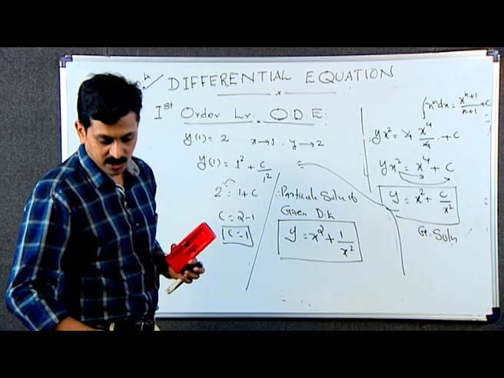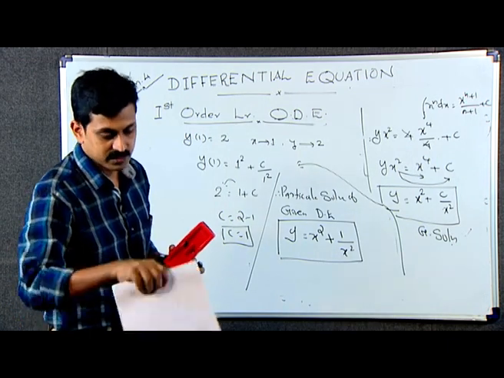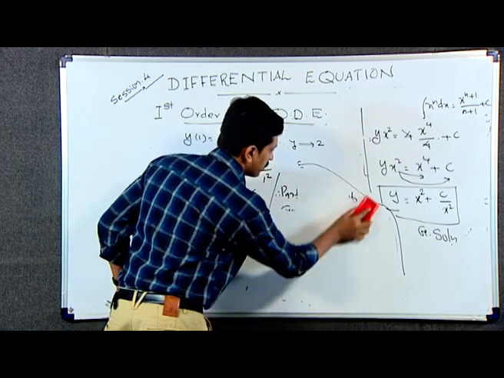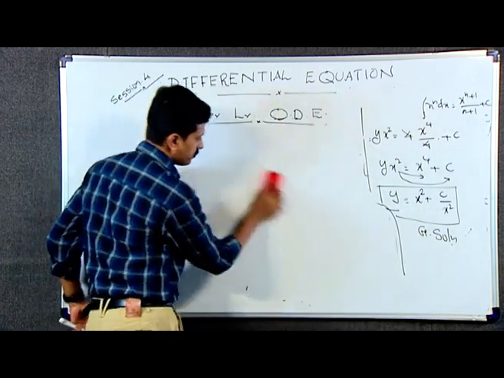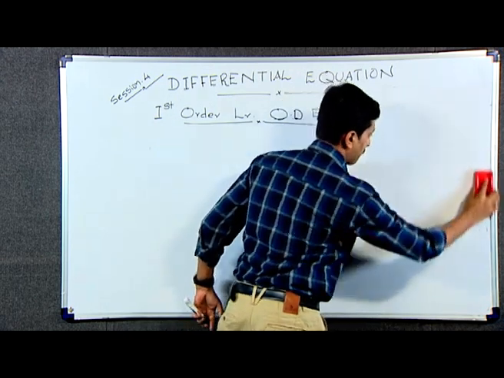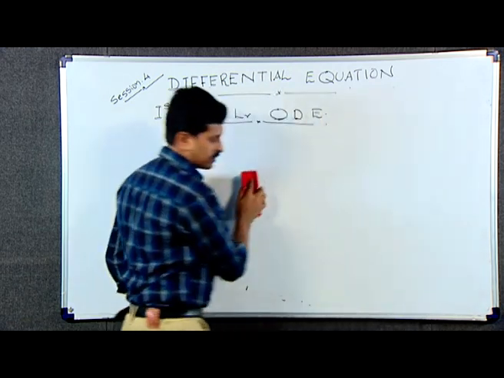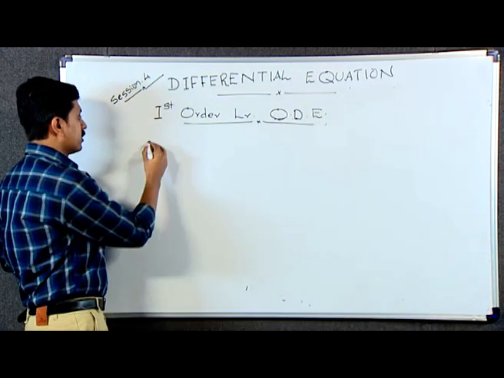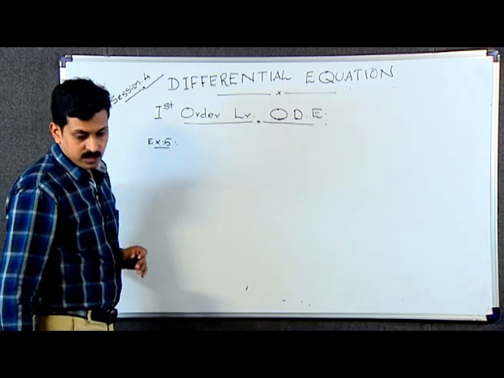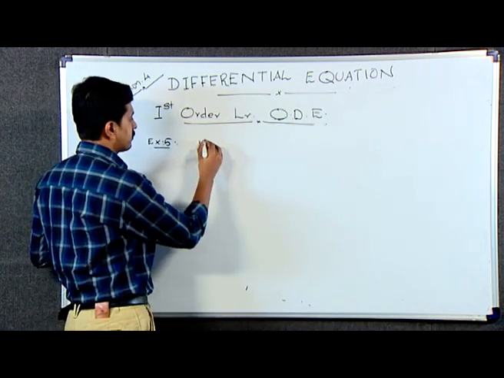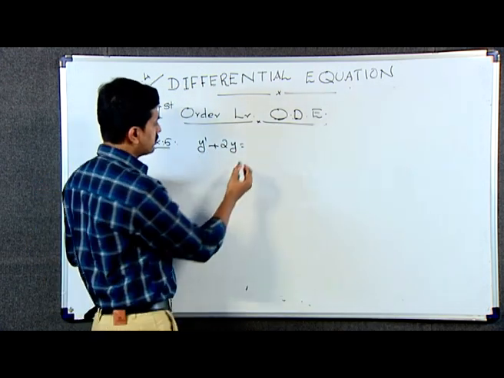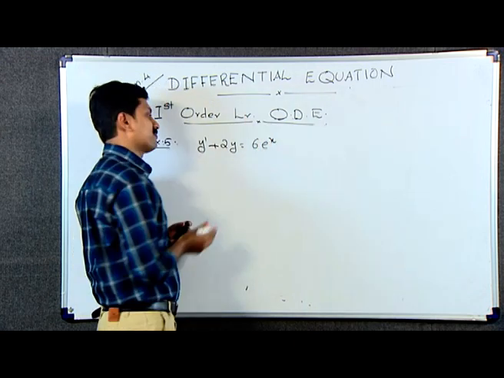I am discussing one more question for you. Solve example 5: y dash plus 2y is equal to 6 e raised to x.